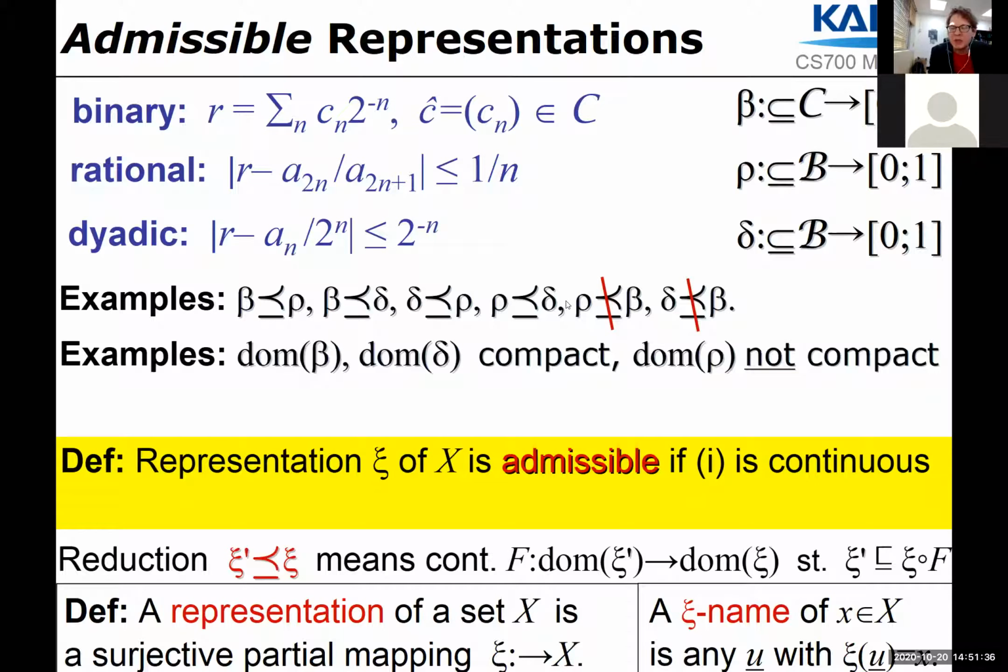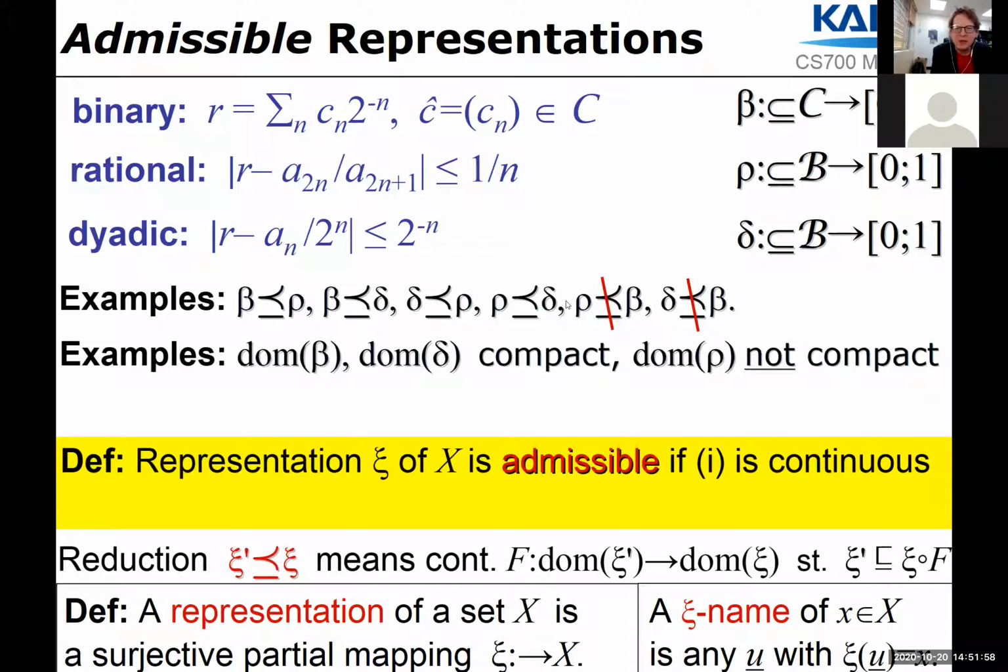And similarly, it took several attempts and revisions to arrive at what we nowadays use as the definition for compactness. So here, definition is a crucial achievement, and this definition is due to Kreitz and Weihrauch from 1985.